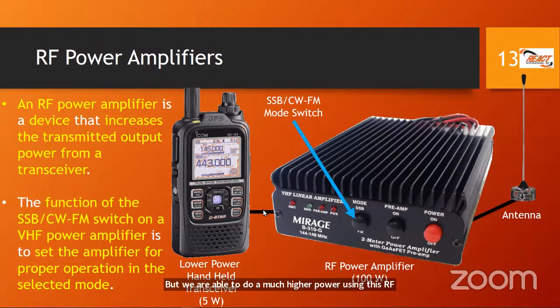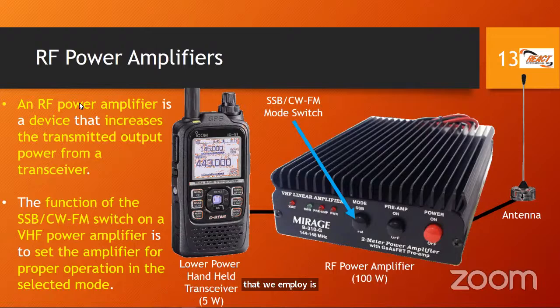So 5 watts in, and it can probably drive 100 watts output. So that's the purpose of the amplifier. And our license allows us to run higher output power. And these are the devices. If our native device cannot run that sort of power, maybe a base radio or mobile radio could do 100 watts. But if I'm using a smaller device and I want to output a higher power, the device that we employ is called an RF power amplifier.